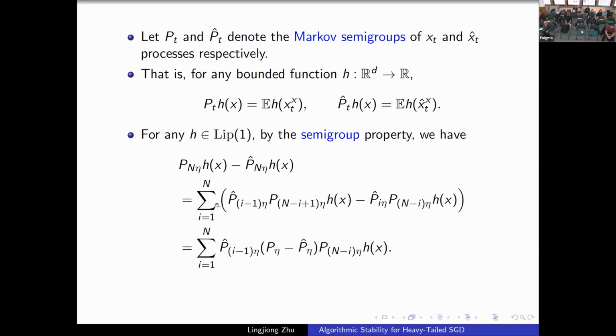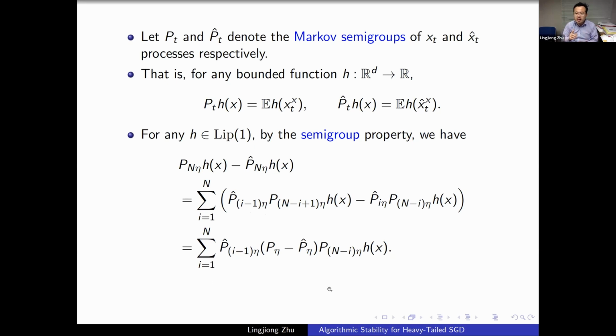You first write it as a telescoping sum using the property of the Markovian semigroup, and essentially you reach the third line here. So you want to analyze the third line.